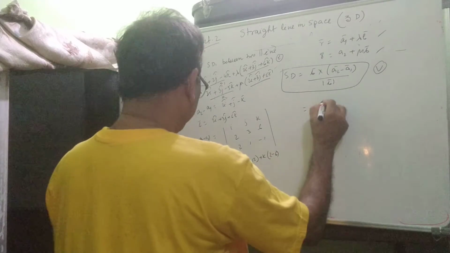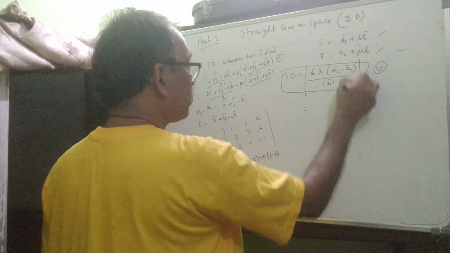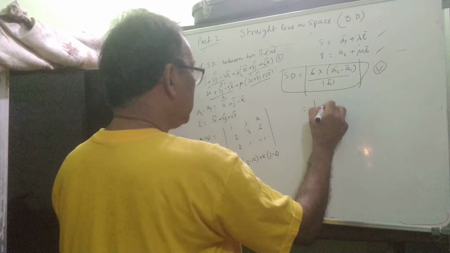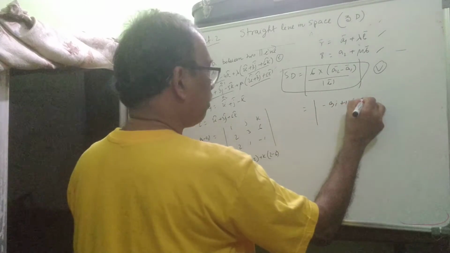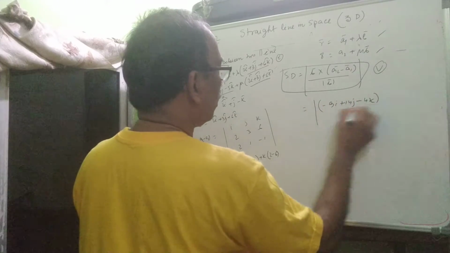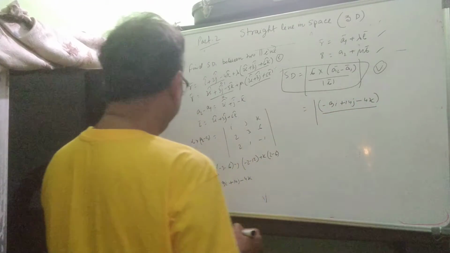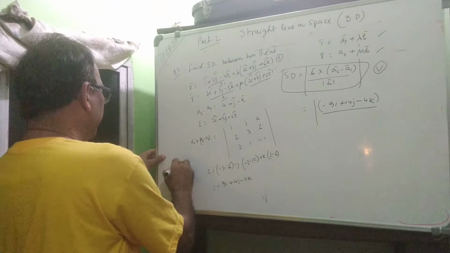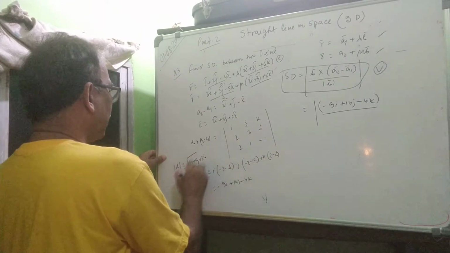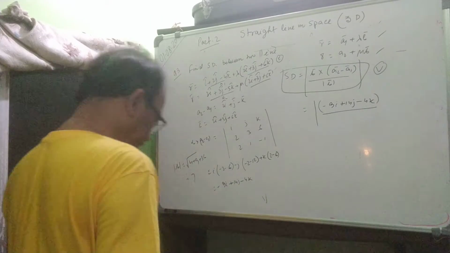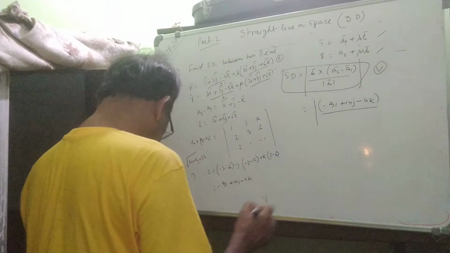Now put it here. Mod of minus 9i plus 14j minus 4k over mod B. Mod B equals root over 4 plus 9 plus 36, that is 7.